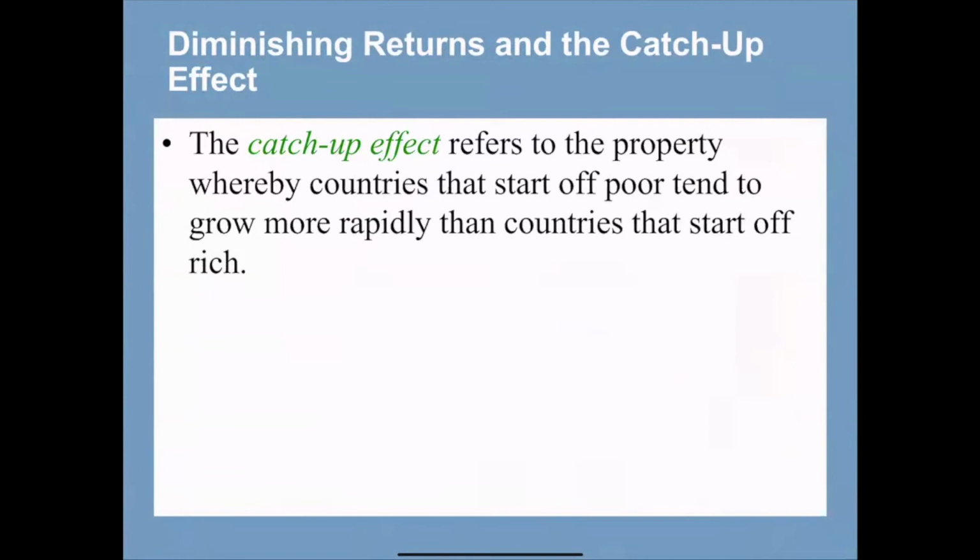So the catching up effect refers to the property whereby countries that start off poor tend to grow more rapidly than countries that start off rich. Currently, we should do the same. And you can compare even in ASEAN. You can see that Singapore has already achieved high economic growth, right? Malaysia.